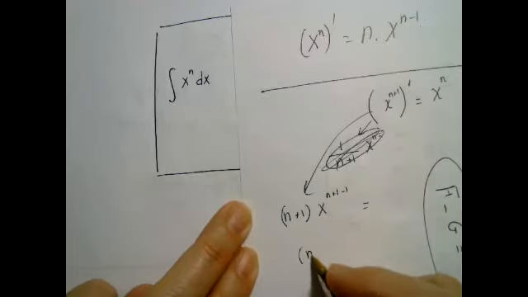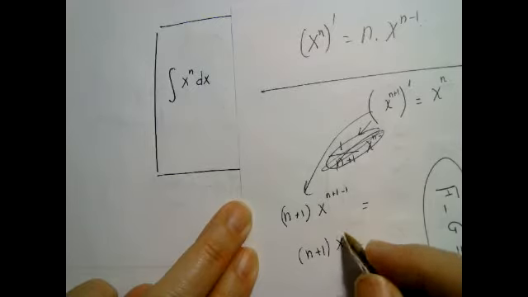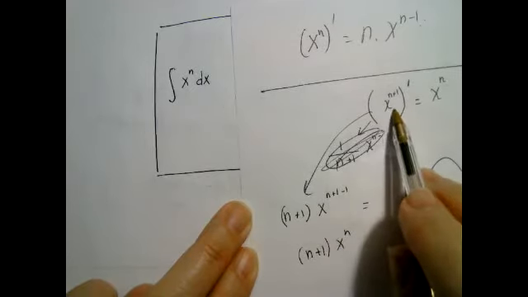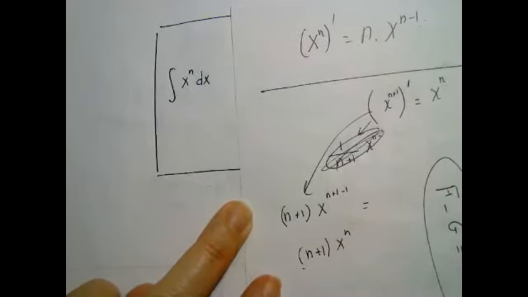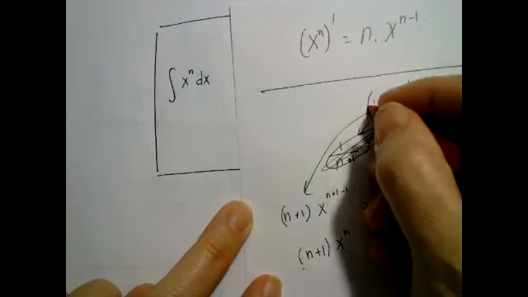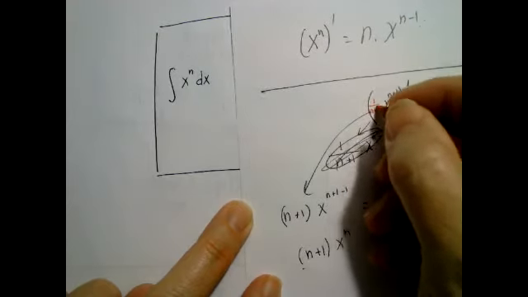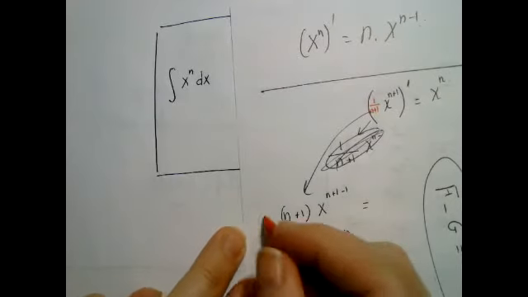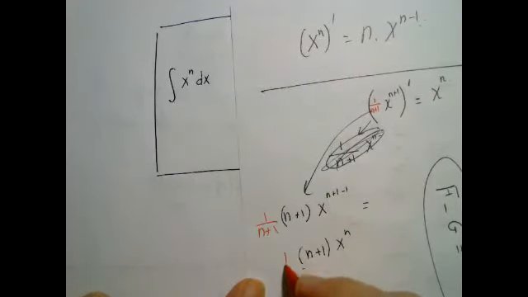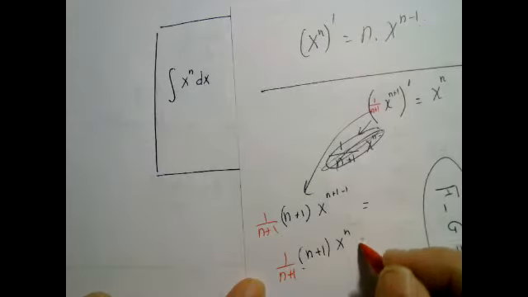It means n plus 1 times x to the n. If I put x to the n plus 1, that's going to be my derivative. To compensate, we divide by n plus 1. So by doing this, I get x to the n.